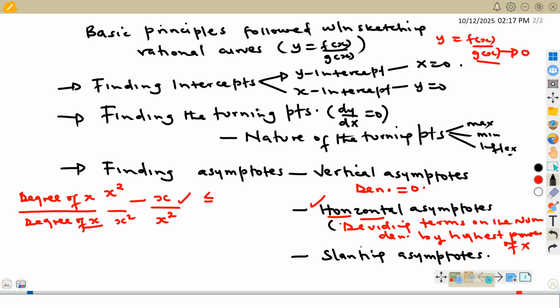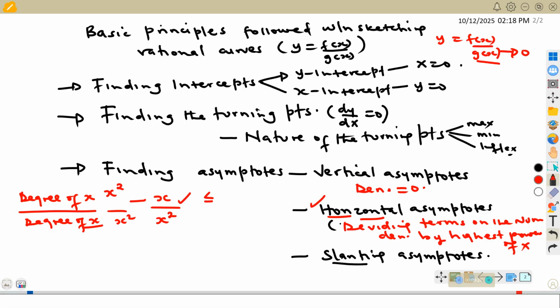And under which case can we have no horizontal asymptote? As we have seen, if the degree of x in the numerator is less than or equal to the degree of x in the denominator, then we shall have the horizontal asymptote. However, if the degree of x in the numerator is greater than the degree of x in the denominator, then you will have the slanting asymptote.